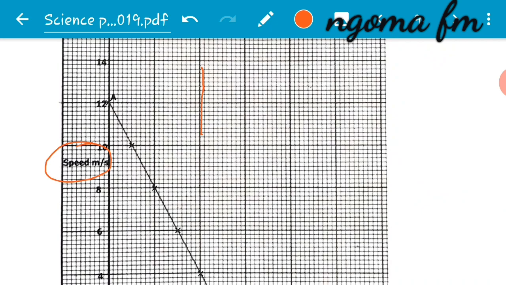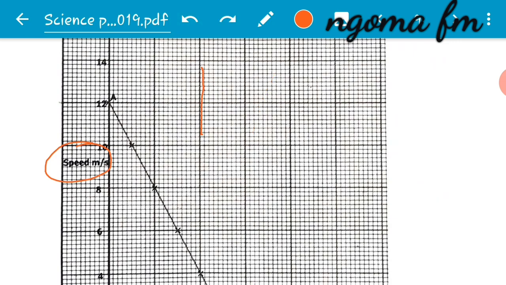Please don't get confused when the question says velocity and the graph shows speed. The only difference is that velocity is speed in a specified direction. Otherwise, velocity is speed.